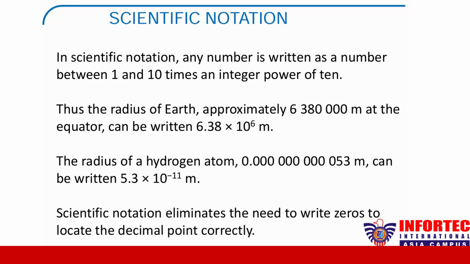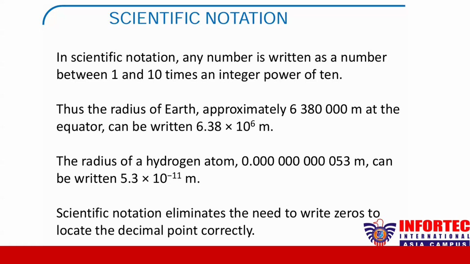We count how many places we move the decimal. The decimal is at the end of this number, so we move it to the left: 1, 2, 3, 4, 5, 6 like this. Then we write 10 to the power 6, with the positive power.